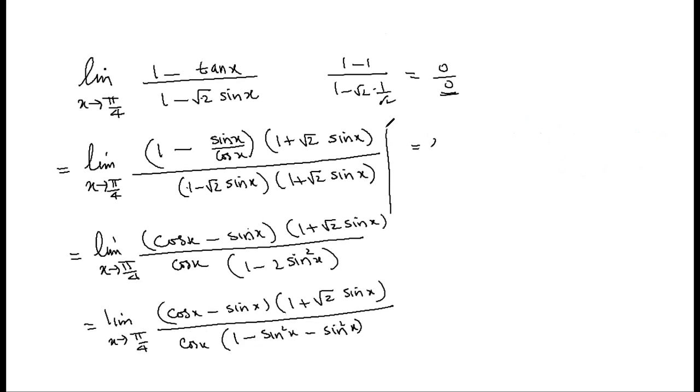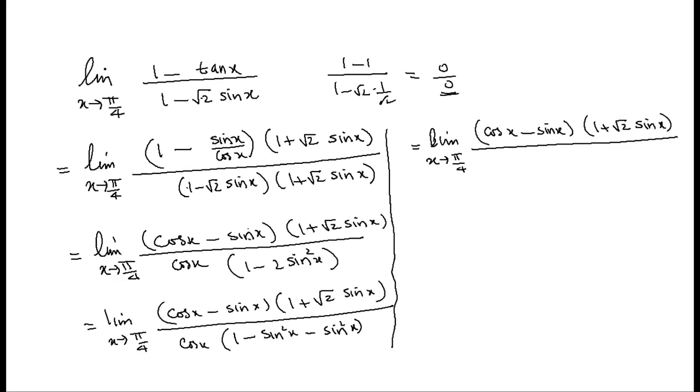So limit x tending to pi by 4, cos x minus sin x into 1 plus root 2 sin x, all divided by cos x into 1 minus sin square x, that is cos square x minus sin square x.